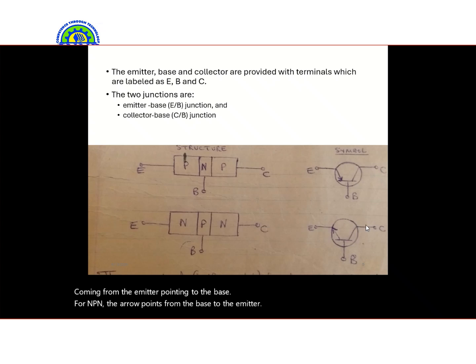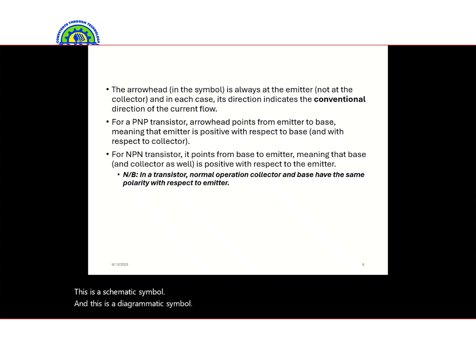This is a schematic symbol, and this is a diagrammatic symbol. The arrowhead in the symbol is always at the emitter, not at the collector. And in each case, the direction indicates the conventional direction of the current flow.